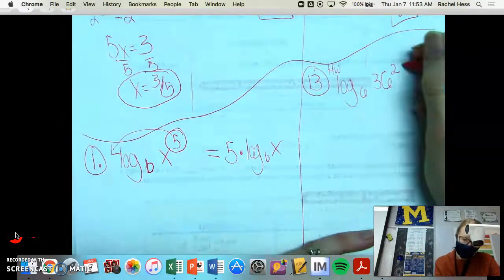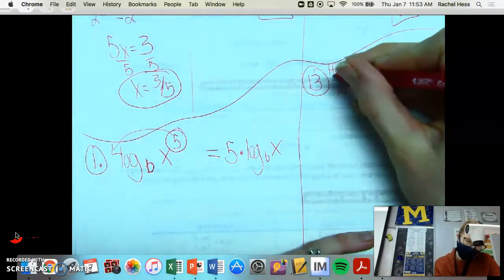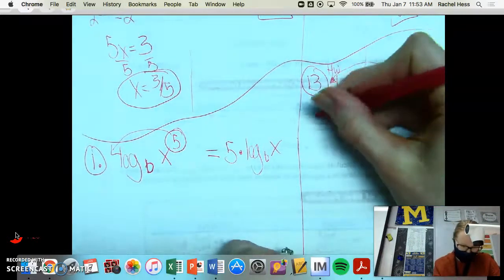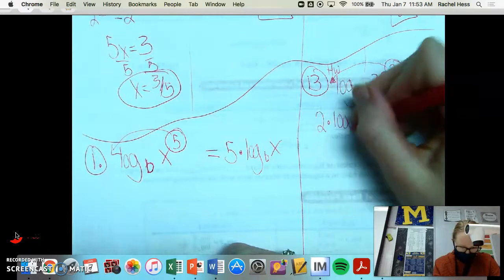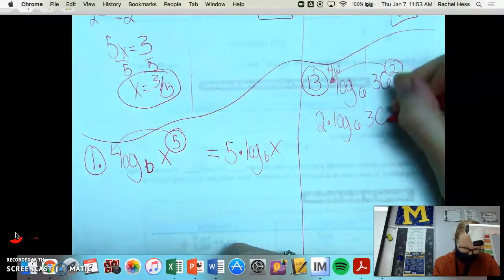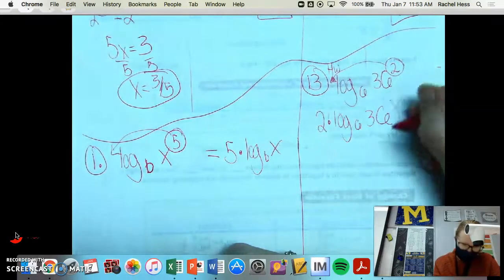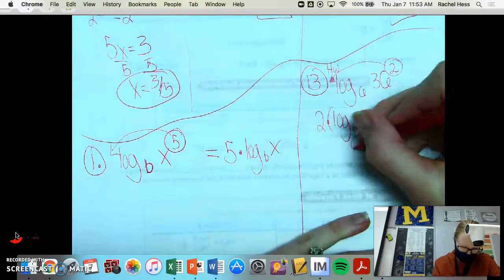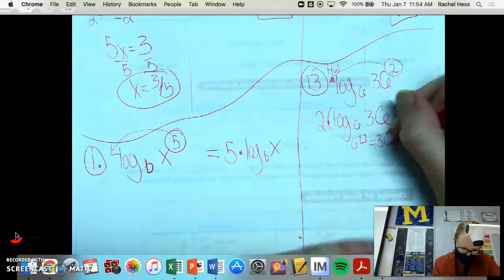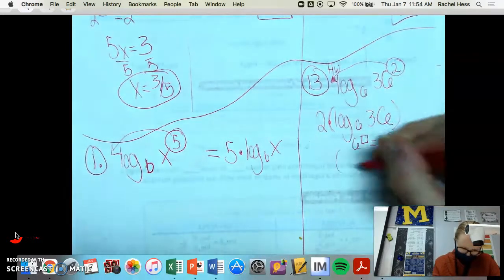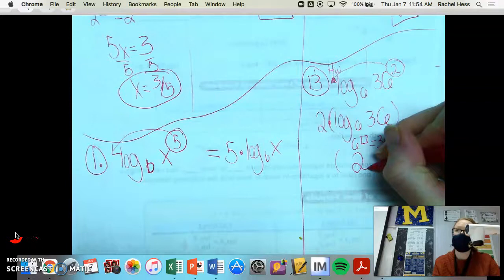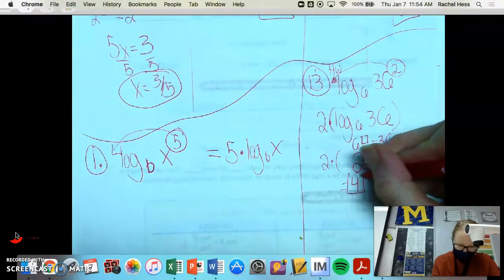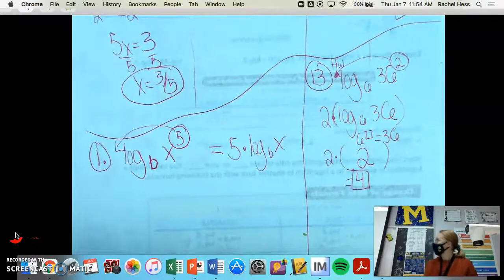So instead of doing that, we can use this property that we talked about and break down this exponent by bringing that exponent out front. And we can simplify log base 6 of 36 pretty quickly, right? 6 to what power gives me 36? That would be 2, right? And then all I have to do is 2 times 2 gives me 4. So I'd get my answer.